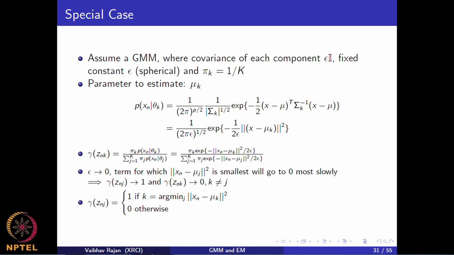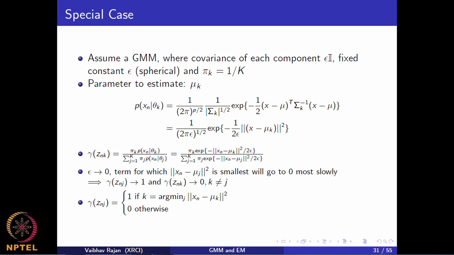The identity goes away inside, you just have epsilon from here. The formula for the responsibility also simplifies: you just plug this probability of xn given theta k here and you get a ratio, with just the exponential in the numerator and the sum over the different exponentials in the denominator.